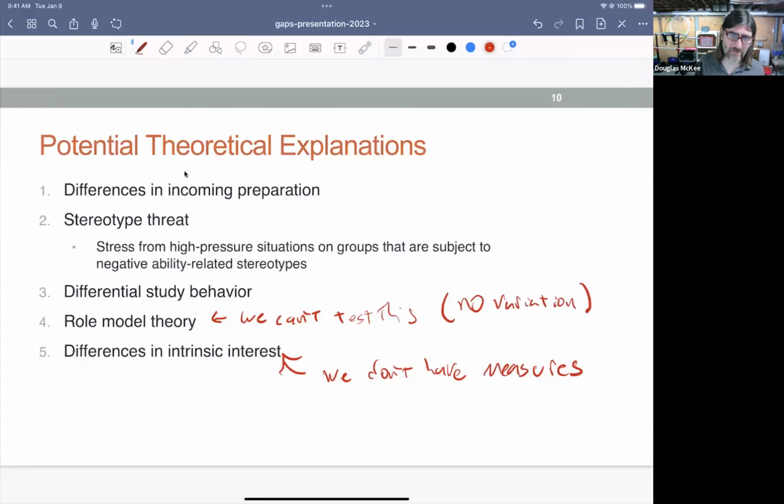Okay, so we are actually asking students about intrinsic interest in economics at the beginning of the term in classes since this time. And so if we redo this analysis with more current data, we should be able to answer this question. Okay. All right. So let's look at preparation.